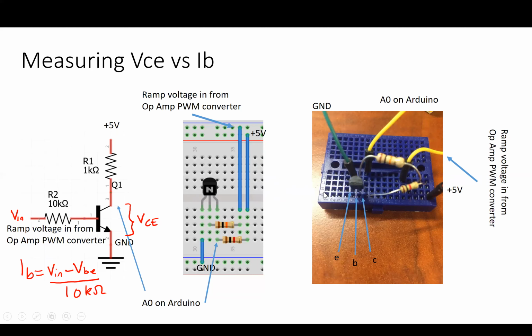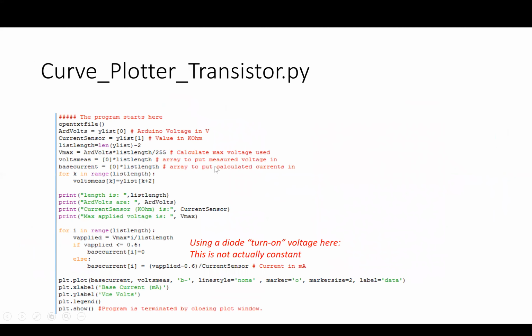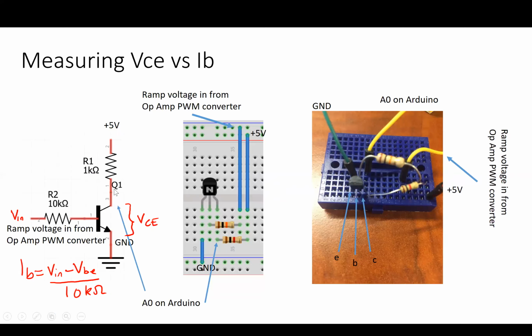Okay, so you're going to make that circuit up, and we're going to change our curve plotter. Our ramp generator's fine. Our curve plotter we're going to change, because what we're doing now is a little different. We are measuring the voltage at this point here.